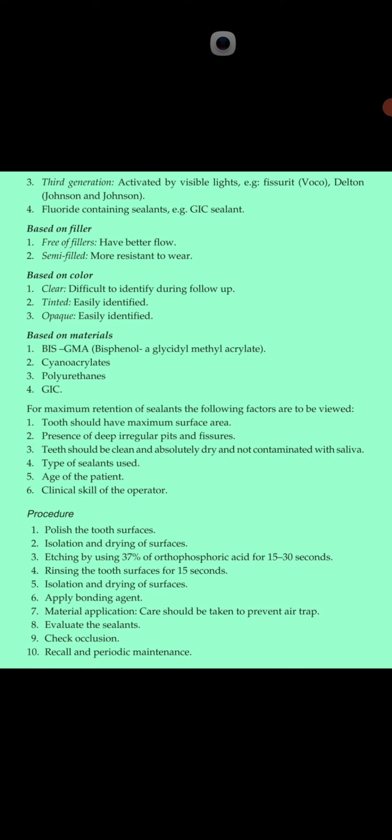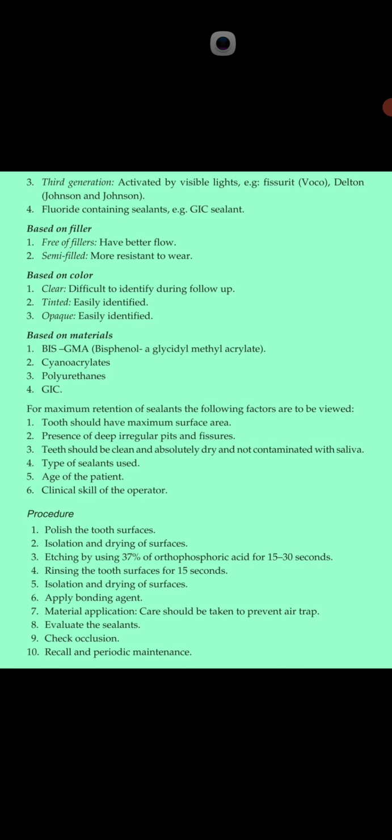Like in etching for composite, we use phosphoric acid, but here orthophosphoric acid. Remember. Number 4 step is rinsing the tooth surface for 15 seconds, the same as the orthophosphoric acid application for etching.